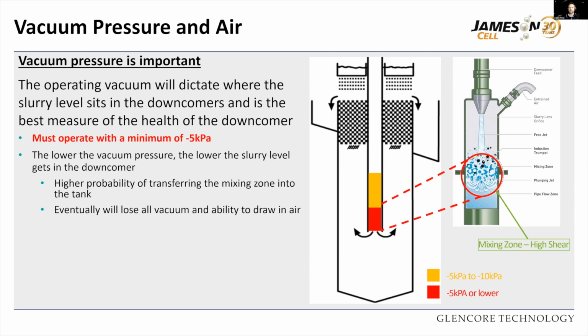Some applications can run down to as low as sort of 7-8 kPa, particularly specific duties like coal, where we're looking to really maximize the air. But it's getting to probably a borderline position, and it can depend on other factors within the system of how far you can push that vacuum before you may see issues with transferring the mixing zone into the tank.